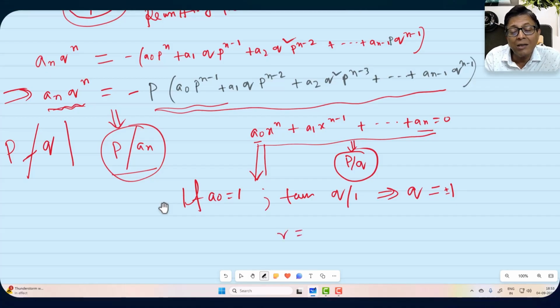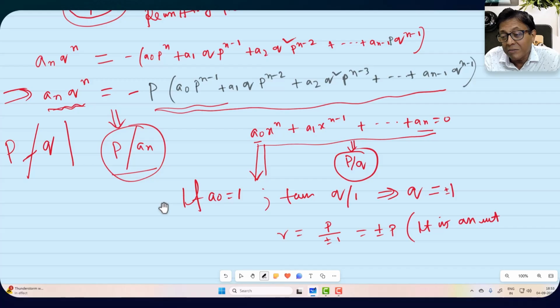That rational number changed to this form, that is plus minus p, where p is an integer. So let me explain this part.